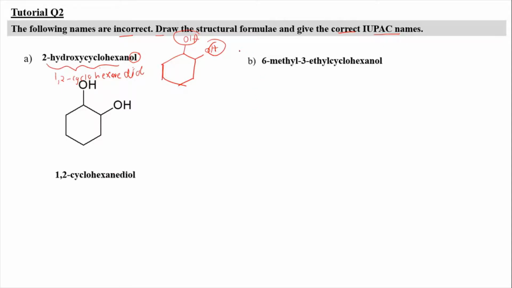Now for question 2b, we have 6-methyl 3-ethyl cyclohexanol. Again, we have to draw the structure first in order to understand the situation. So cyclohexanol with OH here, and at carbon number 3, we're going to have an ethyl group, and at carbon number 6, it's attached with CH3.